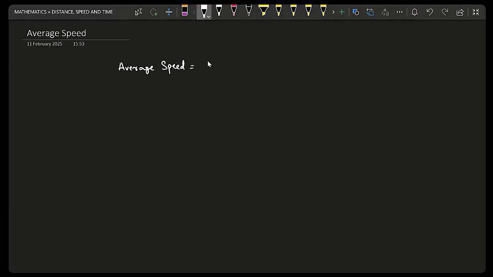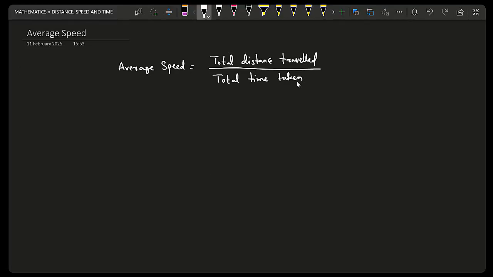That means average speed is always total distance traveled by total time taken. It is not the sum of speeds by the number of speeds.